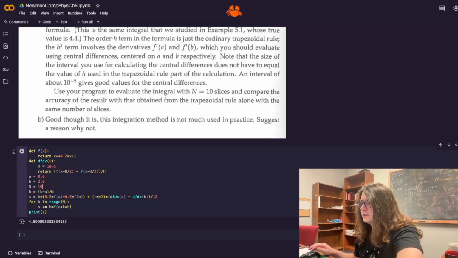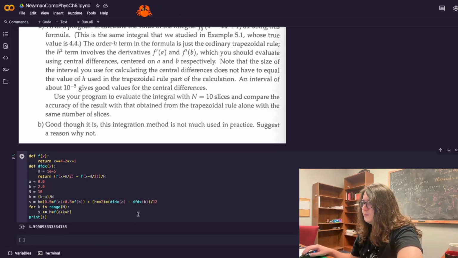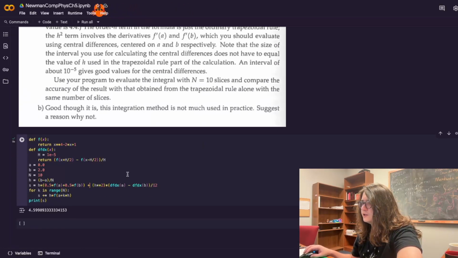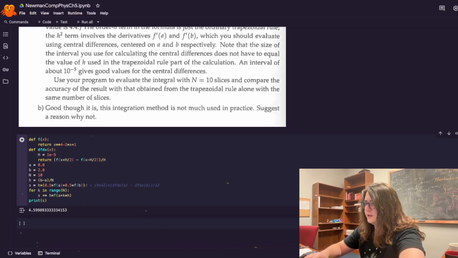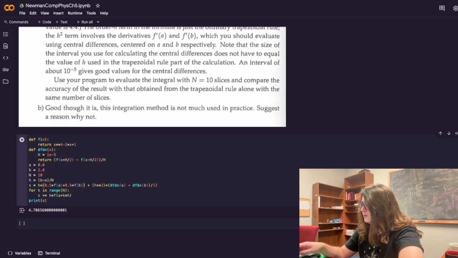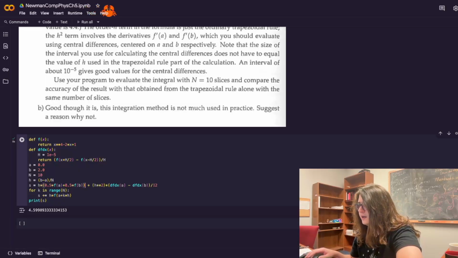But to talk about the 10 slices thing, with the derivative measure added on to the calculation, you're getting 4.6. If you take that away and just have the trapezoidal rule, you're getting something like 4.7. So yeah, the h squared term adds on like a 0.1 difference to the accuracy.